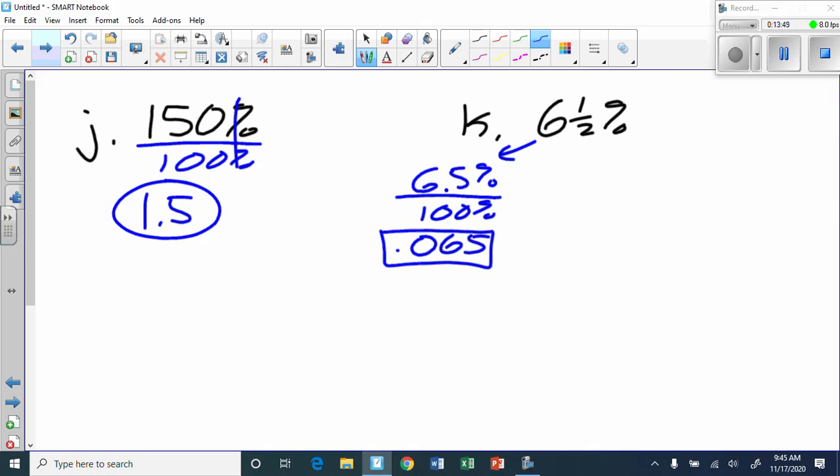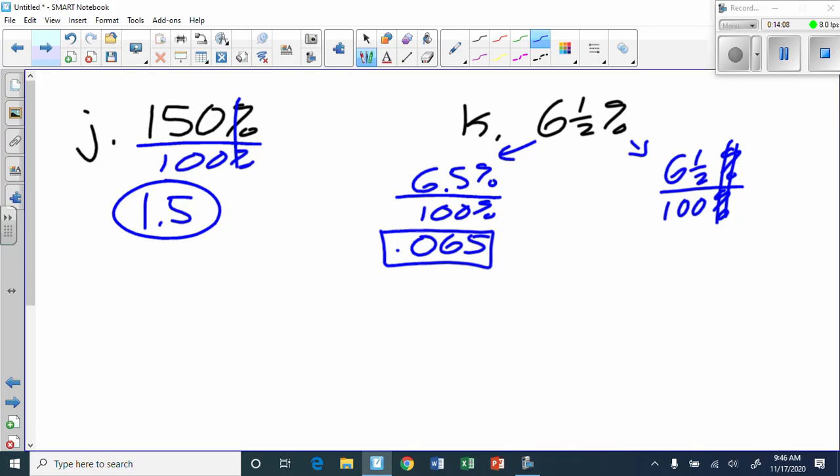Now, the fraction way. If I have 6.5% and I divide that by 100%, this is called a complex fraction. We have a fraction in the numerator.